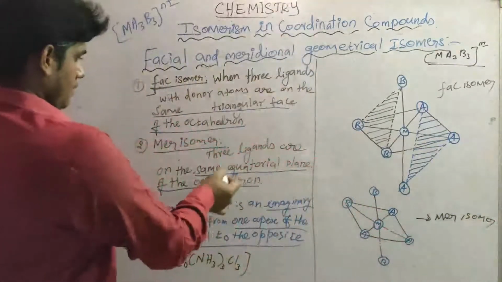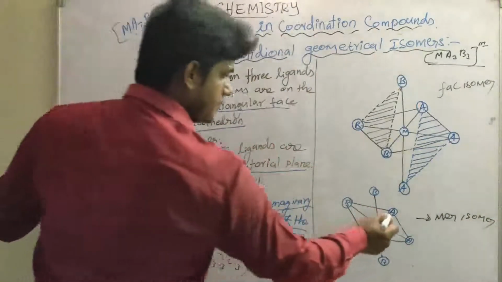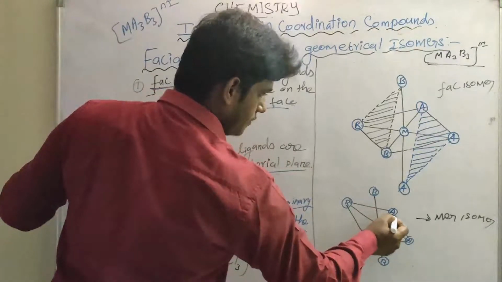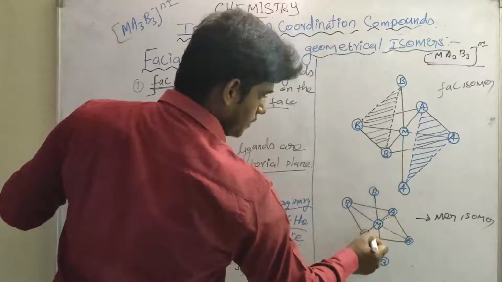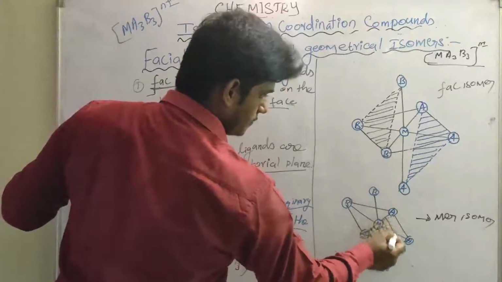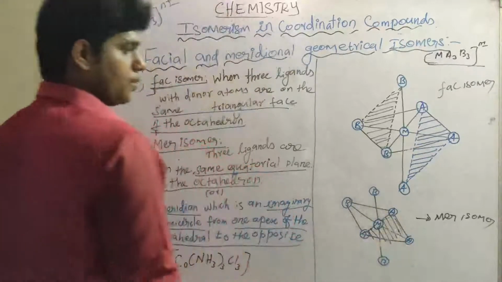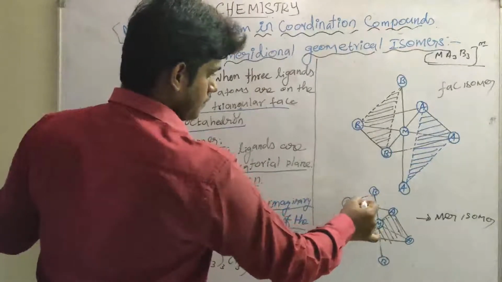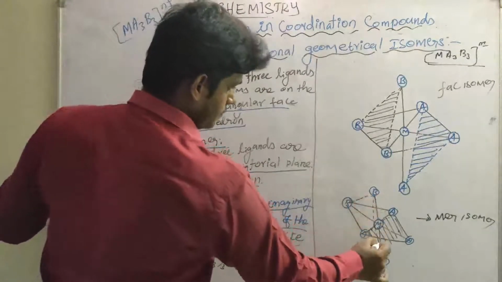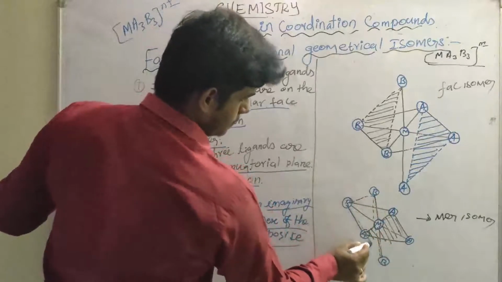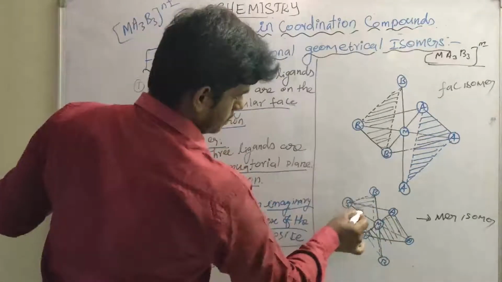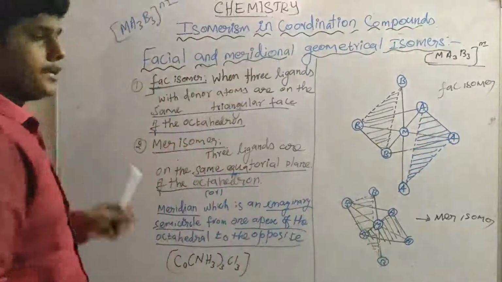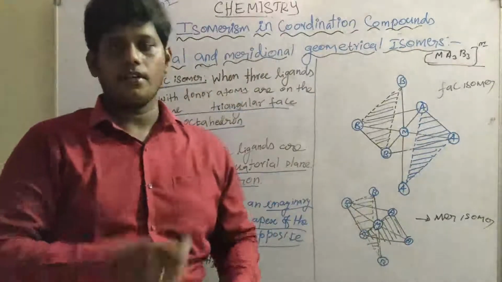Here, the three A atoms are present in the equatorial plane, like that. This is also a mer isomer. The other three atoms also form a mer isomer. So these are the facial and mer isomers.